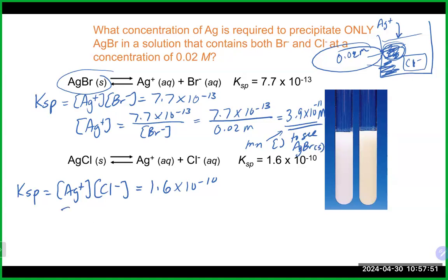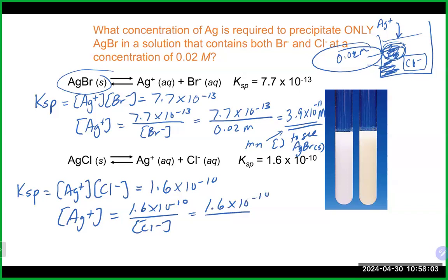Again, we can solve for silver, and that would be 1.6 times 10 to the minus 10 divided by our chloride concentration, which in this example is the same, 0.02. That gives us 8.0 times 10 to the minus 9 molar.